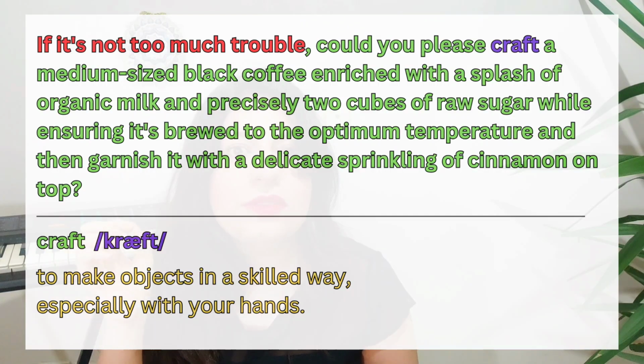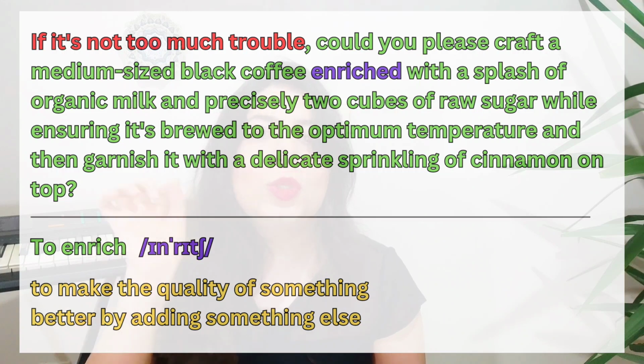Craft. This means to make objects in a skilled way, especially with your hands, and the coffee is to be enriched with a splash of milk. To enrich means to make the quality of something better by adding something else. Then it's to be brewed to the optimum temperature.